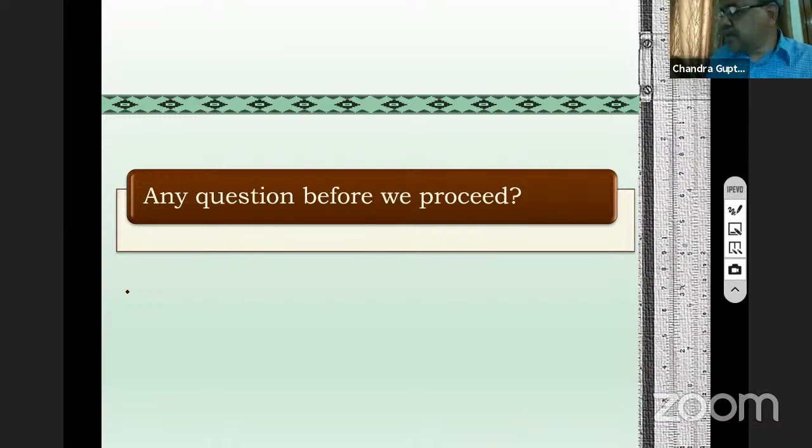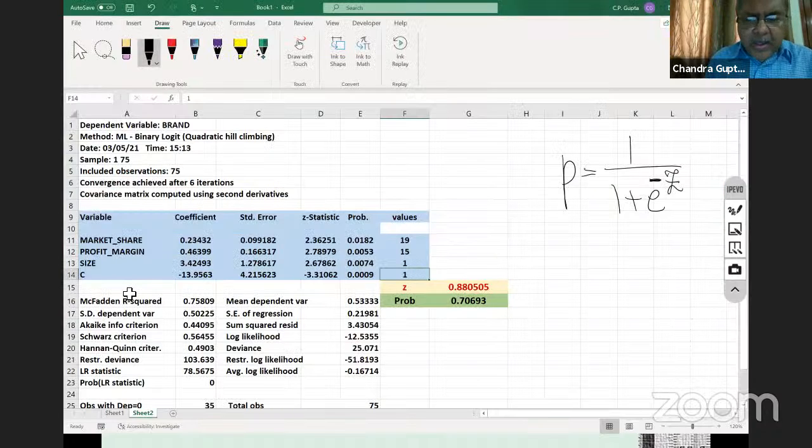So these are some of the indicators that can be used to gauge fit, like McFadden's R square here. You can also make use of the information-based criteria, and you can also use the log likelihood function.